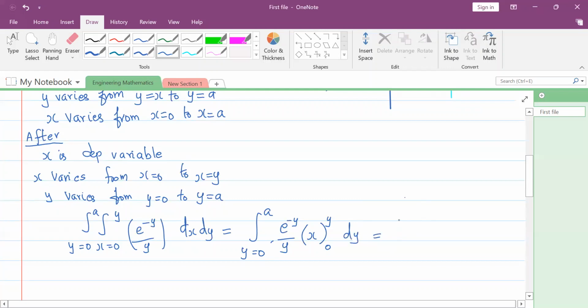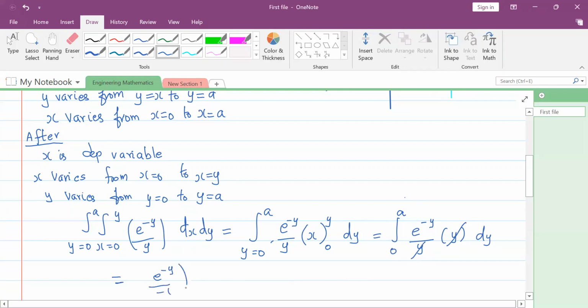Now applying the limits, I'll be getting integral 0 to a of e power minus y divided by y. Upper limit substitution is y, lower limit substitution is 0. y minus 0 is y. So cancelling the like terms, I'll be getting integral e power minus y.